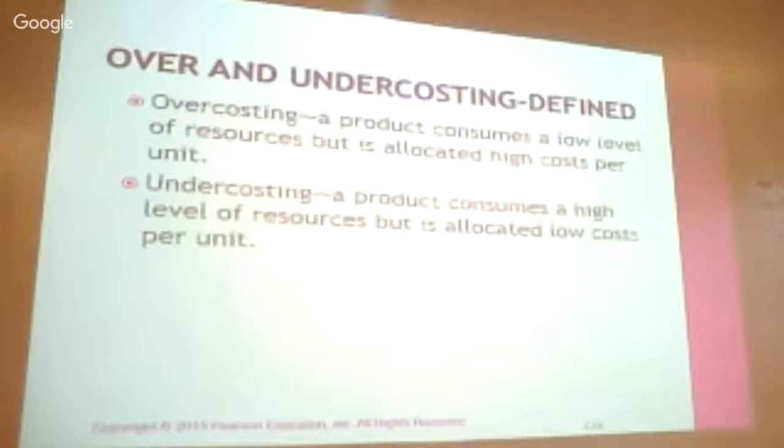Now, what is overcosting? Basically, it is a product that consumes a low level of resources that is allocated a higher cost per unit. So say I'm doing it at a production room and an inspection room.